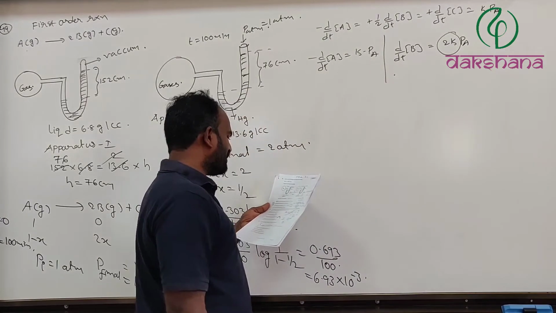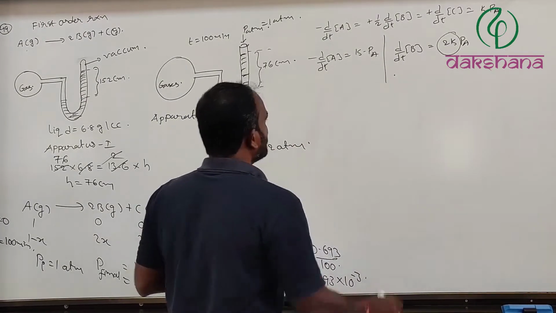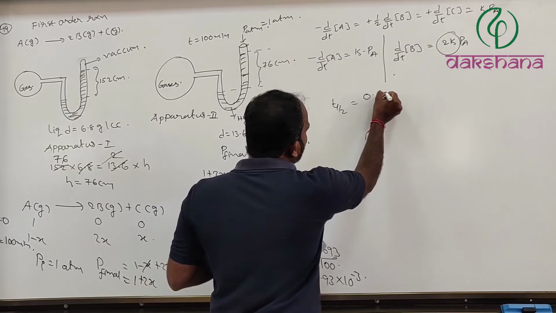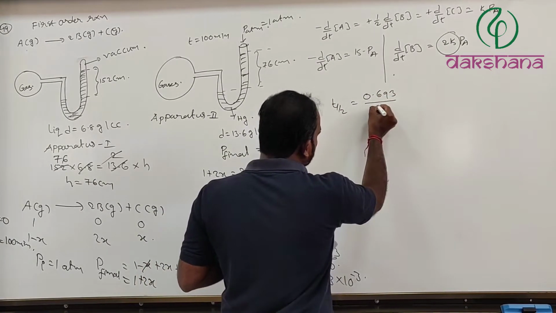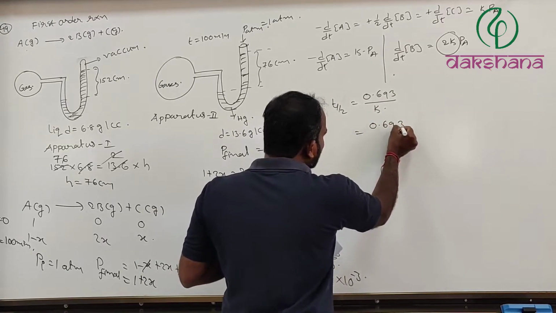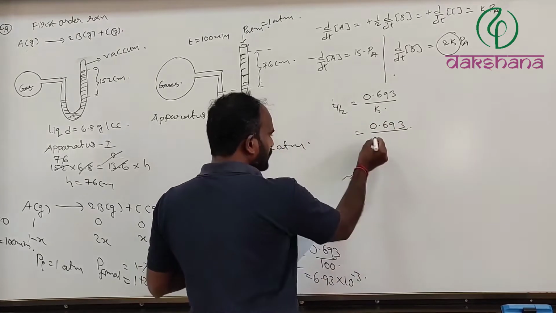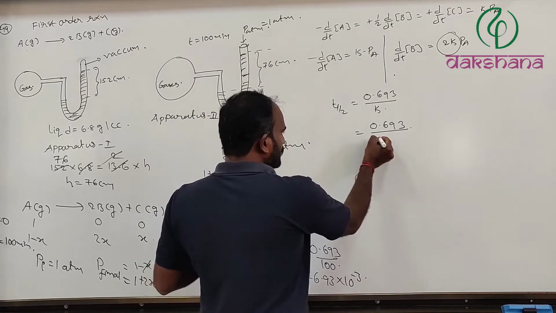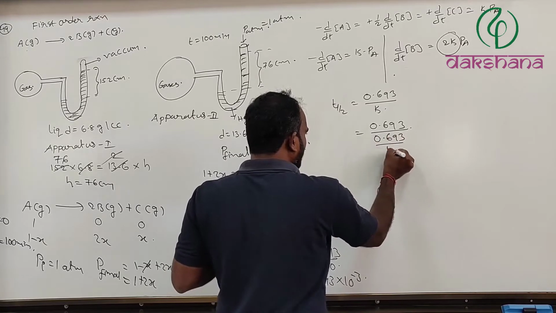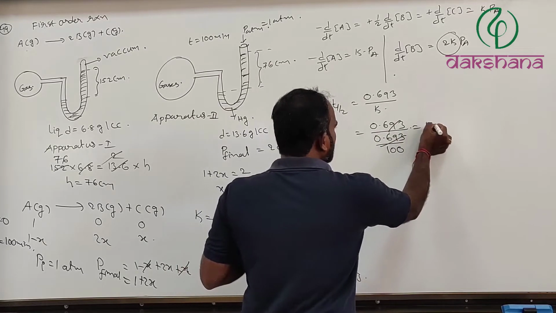Half-life period of the reaction is equal to 100 minutes. Half-life period, how can we calculate? t half is equal to 0.693 divided by K. 0.693 divided by this value, we all know, 0.693 divided by 0.00693, that is equal to 100.